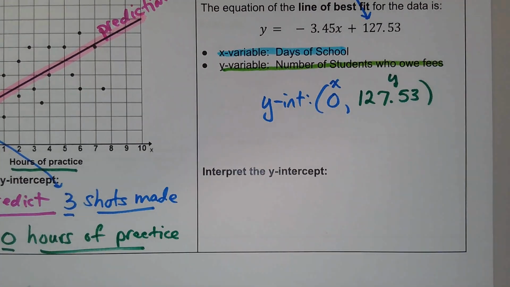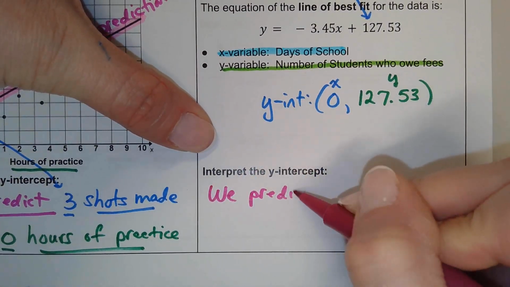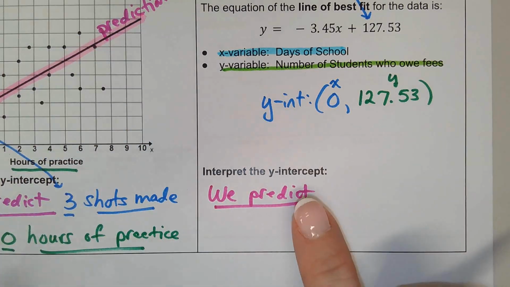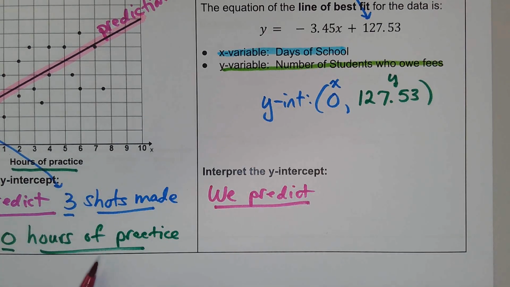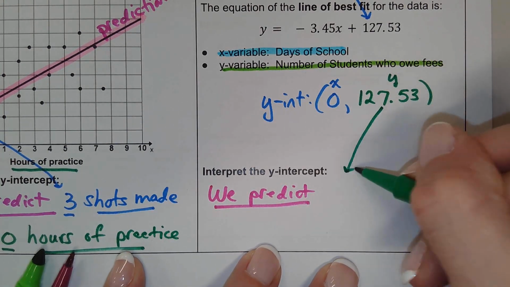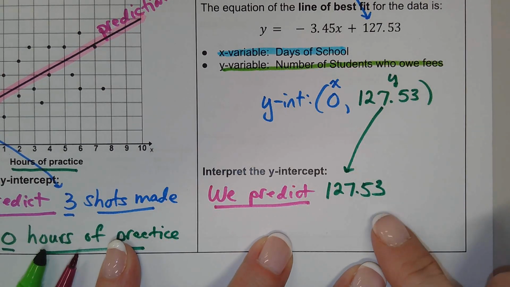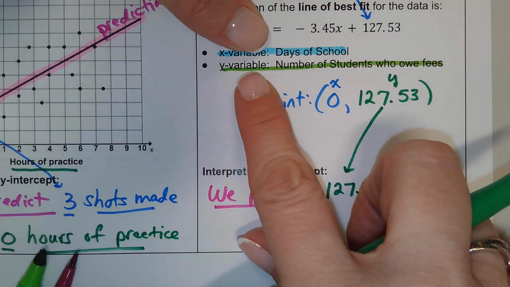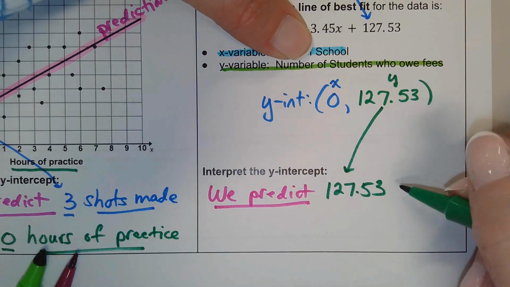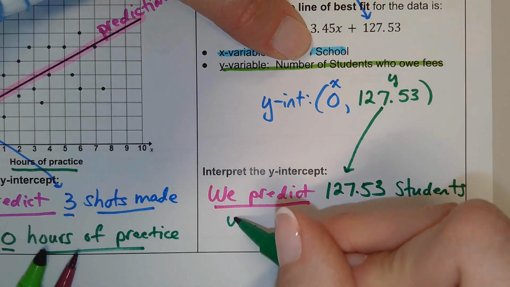So let's finish these notes. We predict. We always start with predict because it's the line of prediction. And we predict 127.53, what? That's the y number. So we're going to use these y words here: students who owe fees.